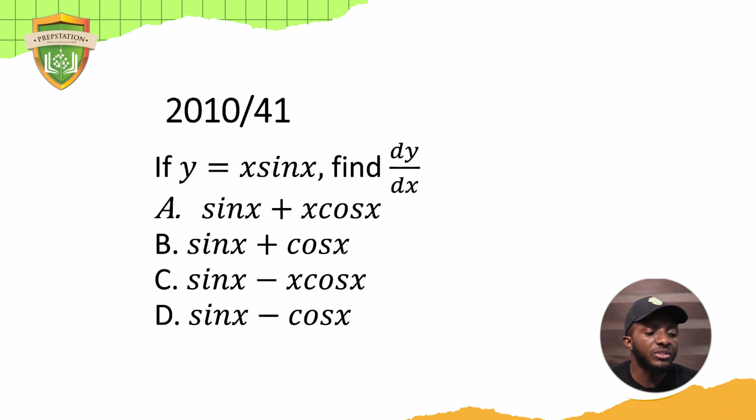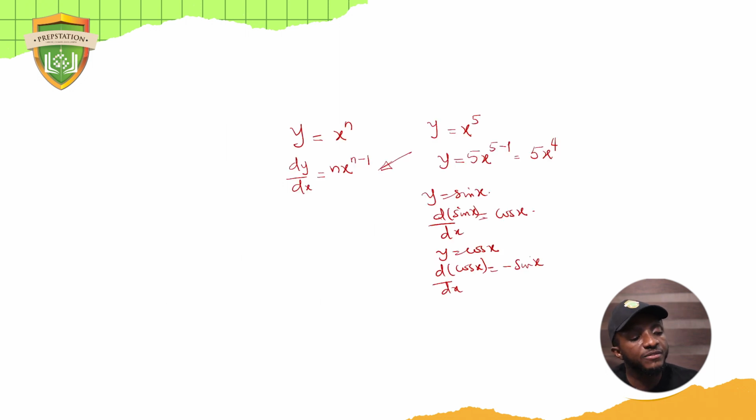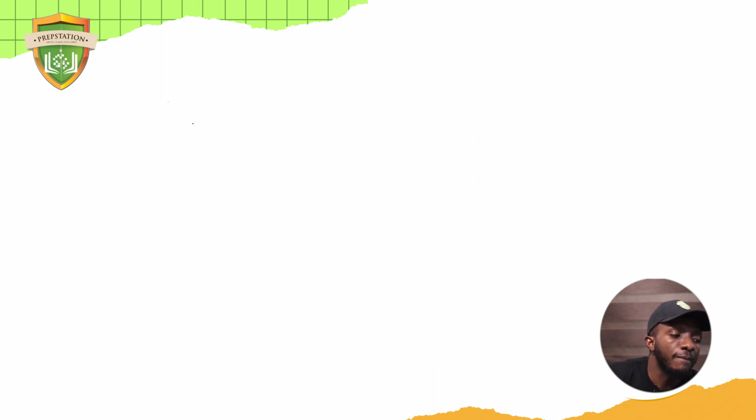Now, let's go back to the question again. It says, y is x sine x. As part of the techniques of solving differentiation, there is what we call the product rule and the quotient rule. Quotient is simply when the functions are being divided.